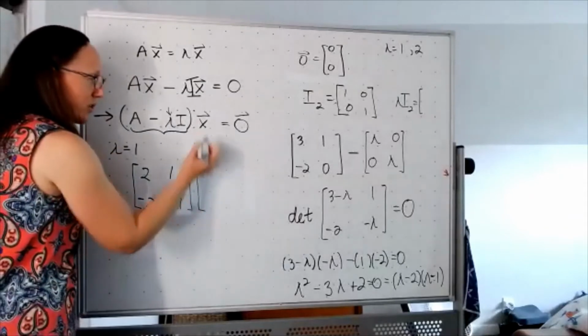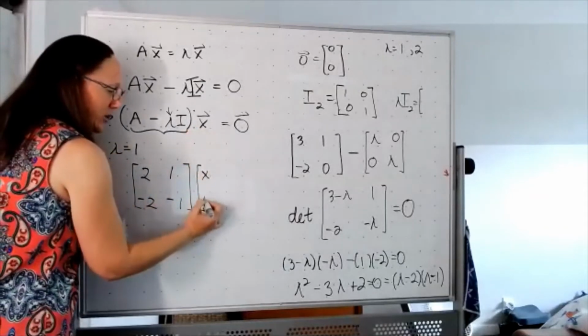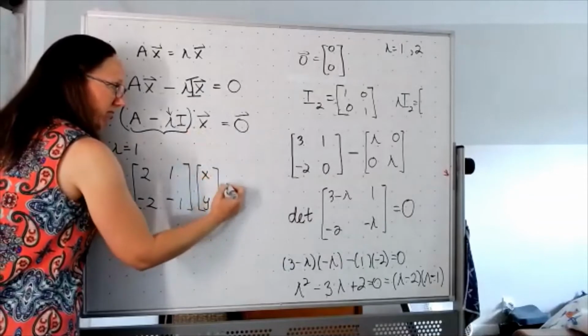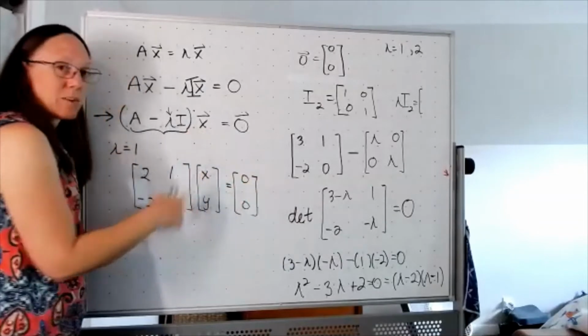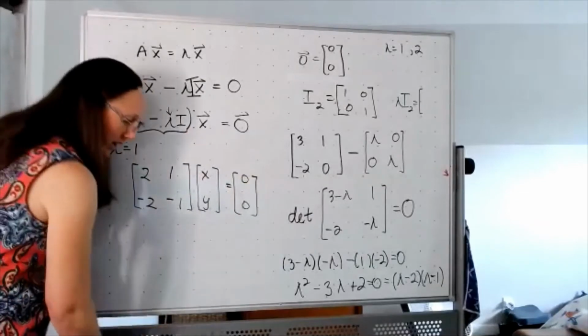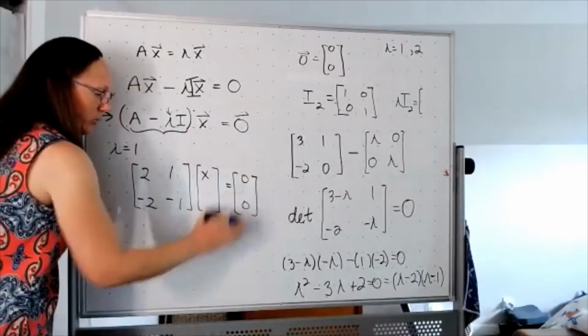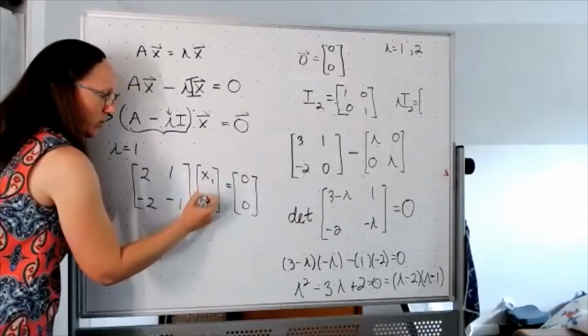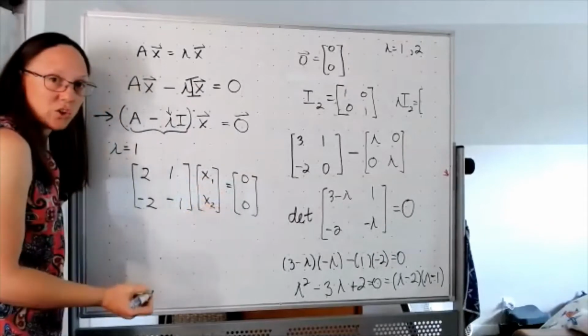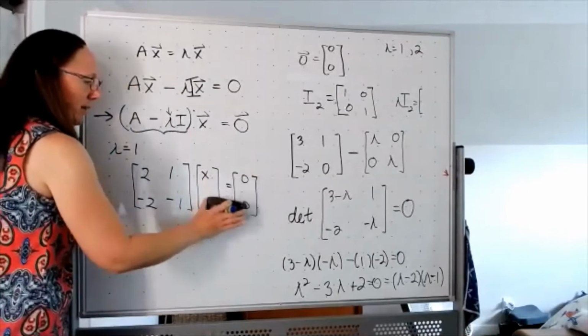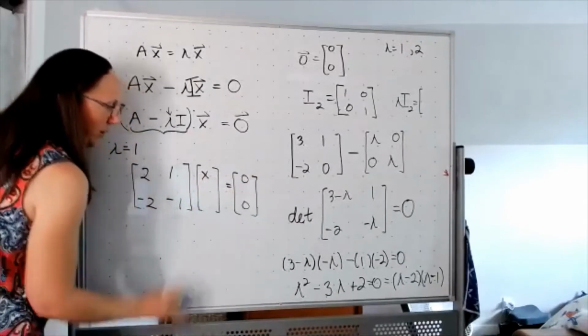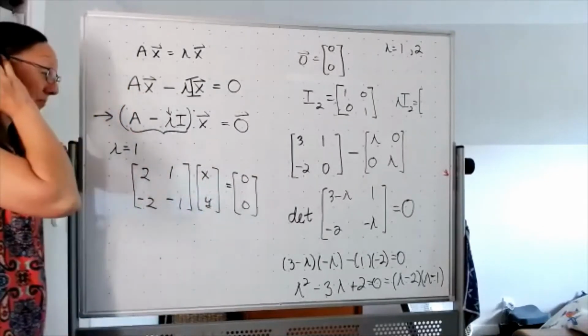I'm going to just choose to label that vector as an x coordinate and a y coordinate, but it would also be totally fine to write that with subscripts. Another common notation would be x1 and x2, but for me, the subscripts just get a little bit messy, so I'm going to call it x and y.